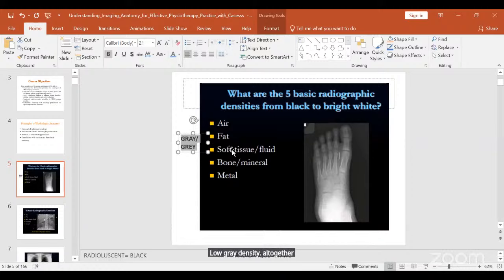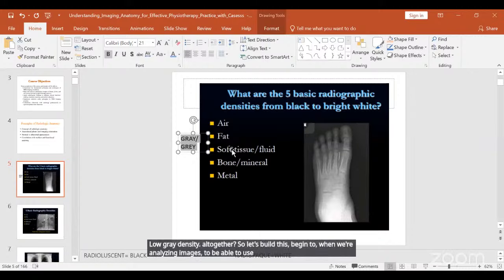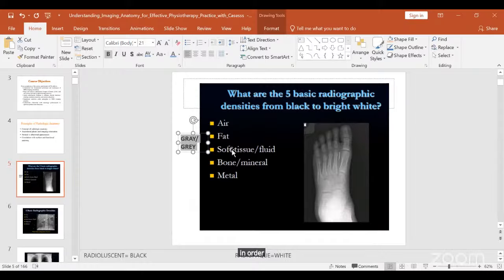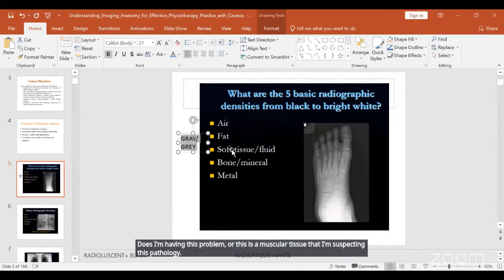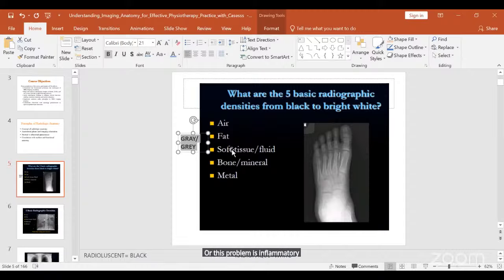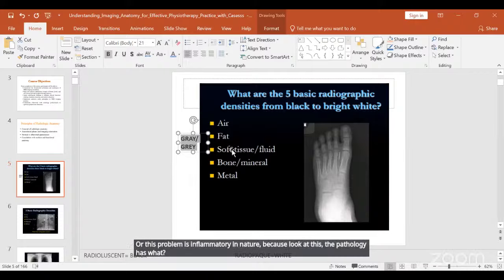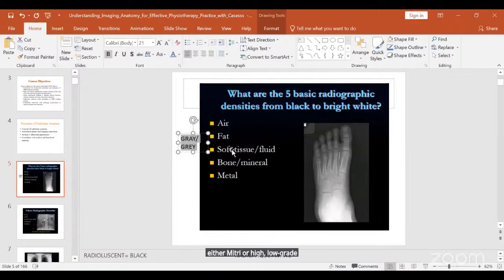So let's begin, when we're analyzing images, to use these technical terms in order for you to be able to resolve: this is a fatty tissue that I'm having this problem, or this is a muscular tissue that I'm suspecting this pathology, or this problem is inflammatory in nature. Because look at this, the pathology has what? Either mid-gray or low-gray density. Are we together, please? Yes, we are. Thank you.